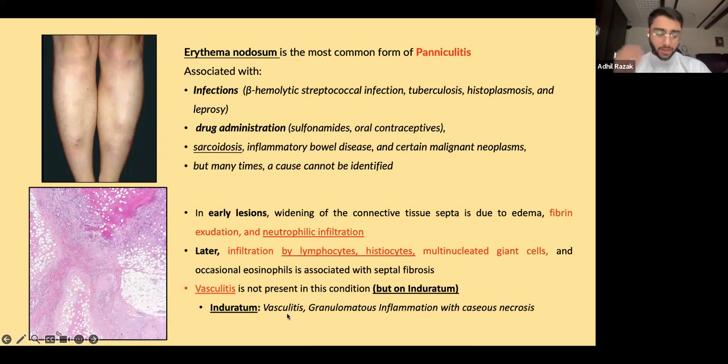One thing to know is that vasculitis is not seen in erythema nodosum. But if the patient presents with erythema nodosum and has symptoms of vasculitis, it just means that it is a different name: erythema induratum.